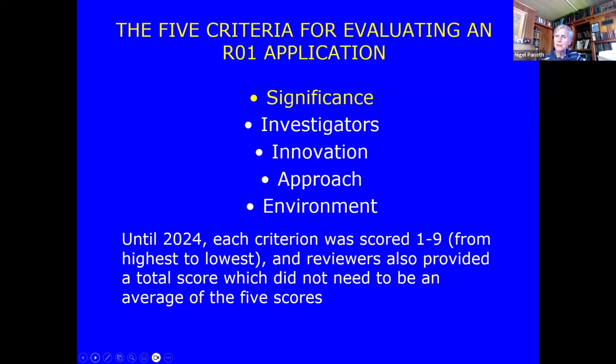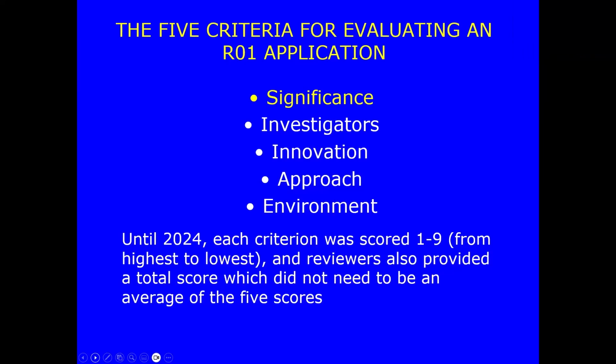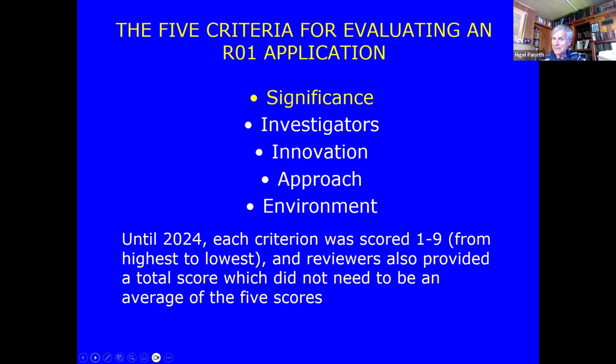You should never have a 9 on any application, heaven forbid, and they're hardly ever given. A really low score is about a 7. Then the reviewer is supposed to give the total score, which need not be an average of those 5 scores, because you may say that the whole is more than, or perhaps less than, its parts.